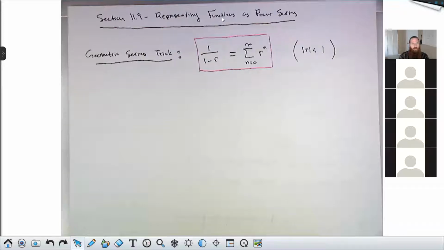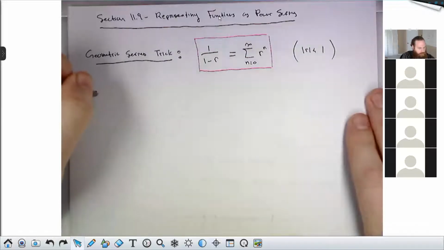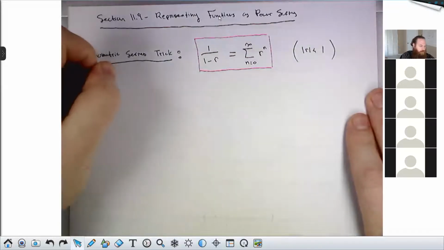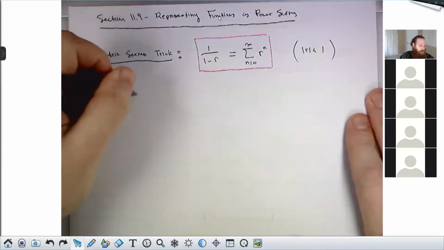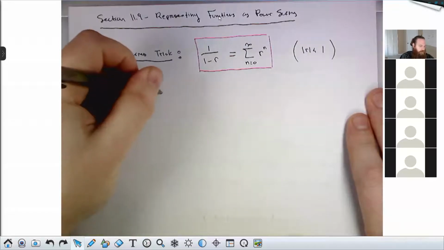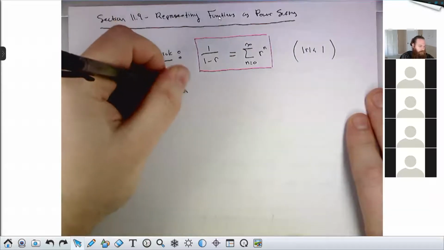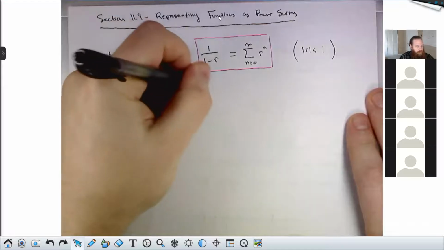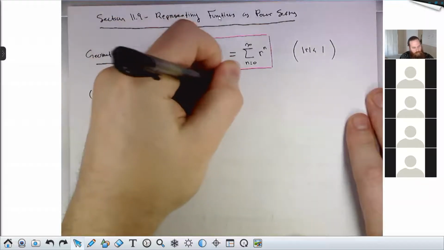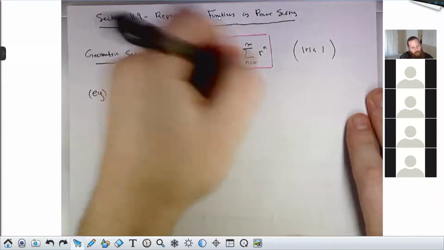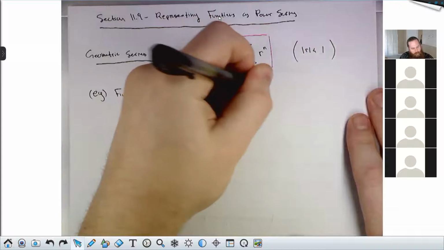So remember the game here. The game here is I give you a function, you tell me the power series for that function. The simplest example to start with: I could ask you to find a power series for the function 1 over 1 minus x.